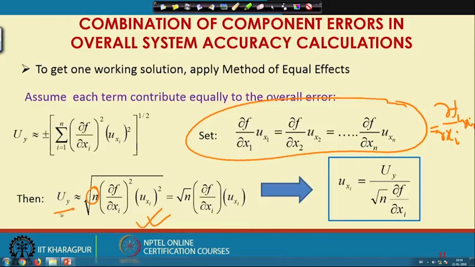So, the value of u y is simply this. From here, it is possible to compute u x i, the individual uncertainty. So, u x i is u y divided by this term, which is this.